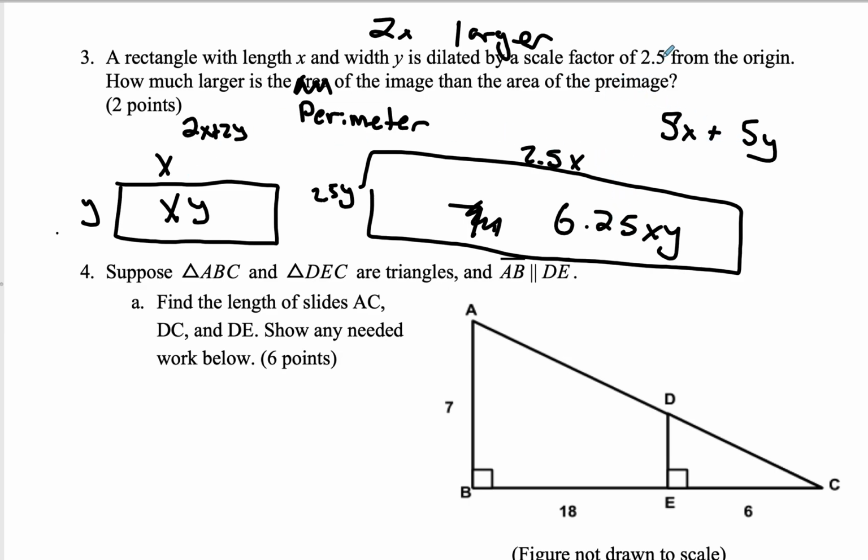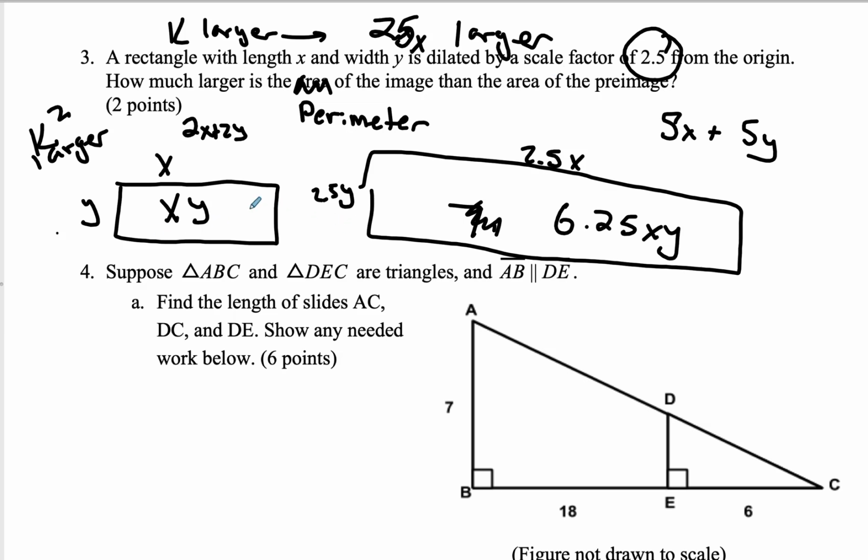So instead of just being like, oh, dilation, 2.5 times larger, now it's 2.5 times 2.5. So instead of being k larger, it's now k squared larger.